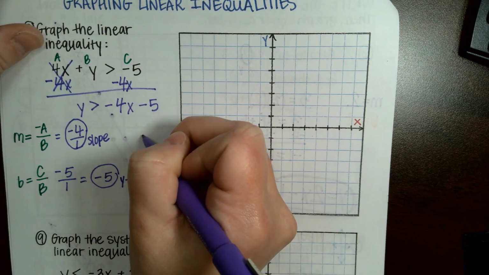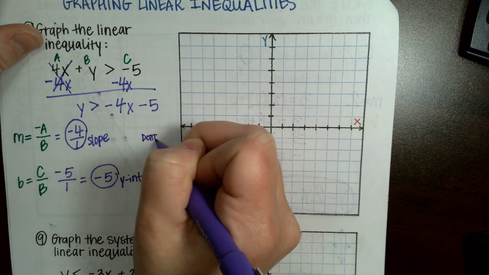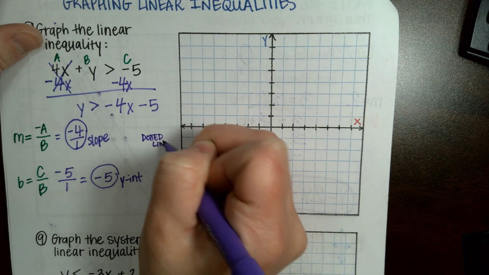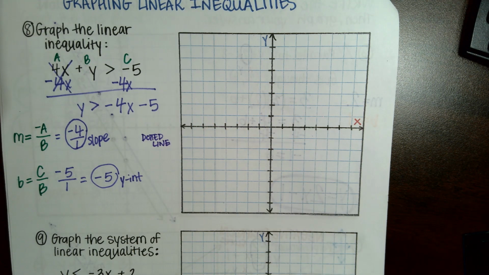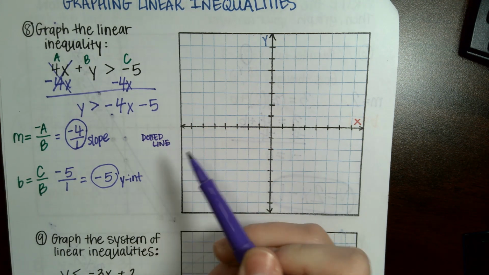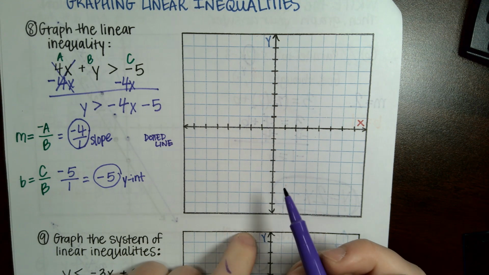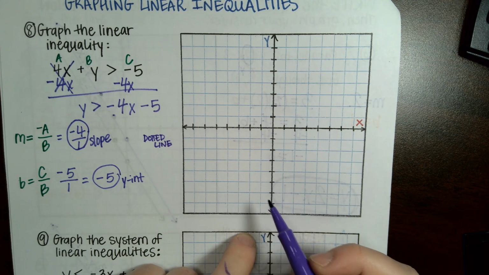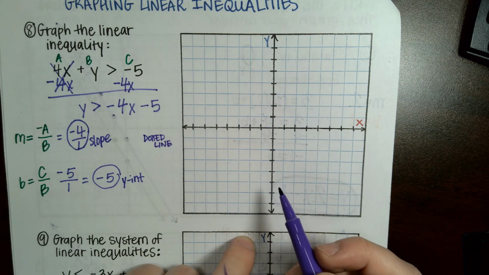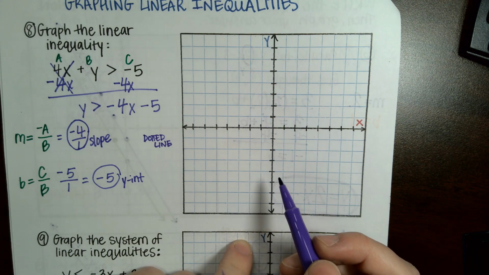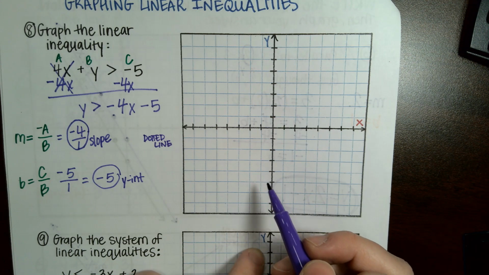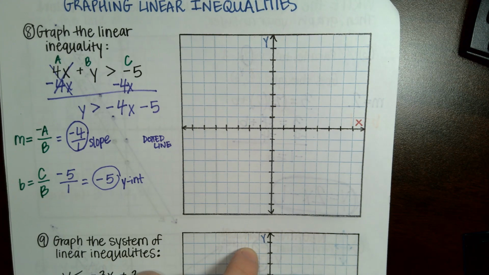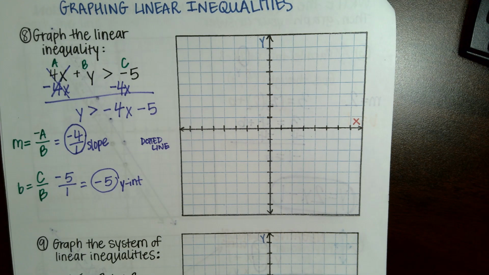So I'm just going to make a little note, dotted line. And this is the optional part. If you have a dotted line, that means your points on your graph are going to be open circles. You're not going to color them in like regular points. I will not take points off your final if you do color them in, because we didn't go over that in depth. I'm just looking for your dotted line or your solid line.